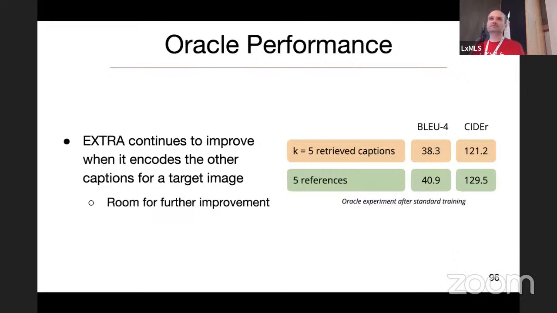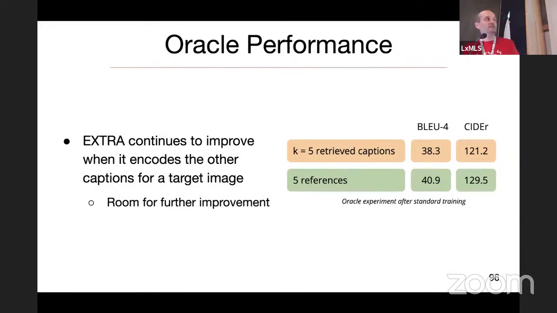We can also ask ourselves, what's the ceiling here? How well could we do? And so we set up an experiment where we use either the retrieved captions or the reference sentences as the input to the vision and language encoder for evaluation.